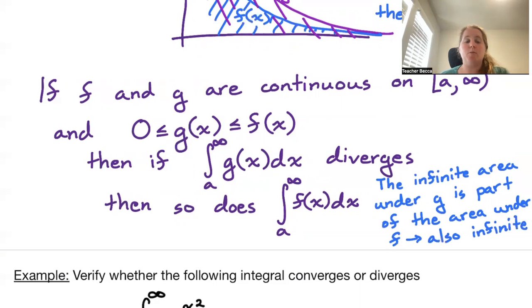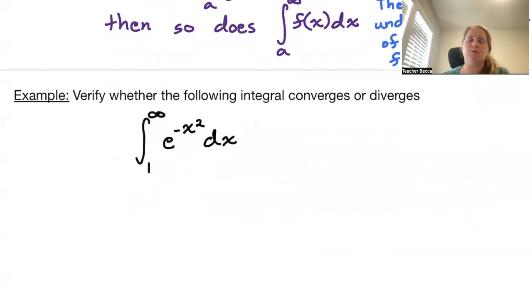So let's just do a couple quick examples. For our first example, let's verify whether the integral converges or diverges if the integral is the definite integral from 1 to infinity of e to the negative x squared dx.